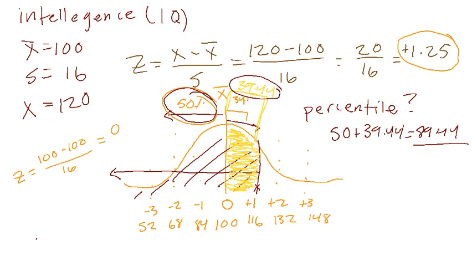Let's try out a z-transform score. Let's say that we're working with the same data, so we're still working with intelligence. We have an X bar of 100 and a standard deviation of 16. Let's say you take a test and it's reported back to you that you got a z-score equal to 2.813.